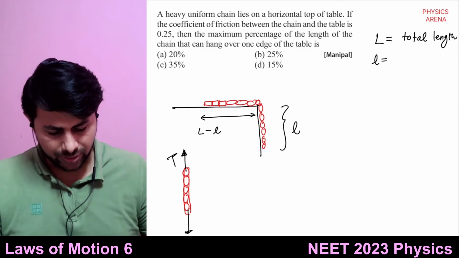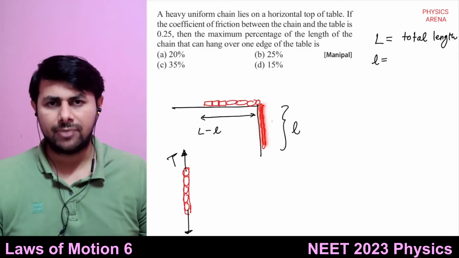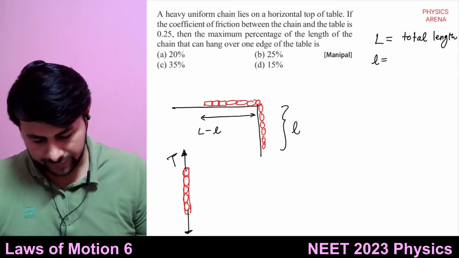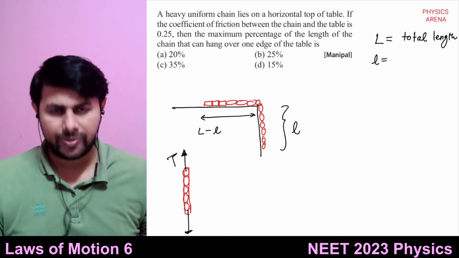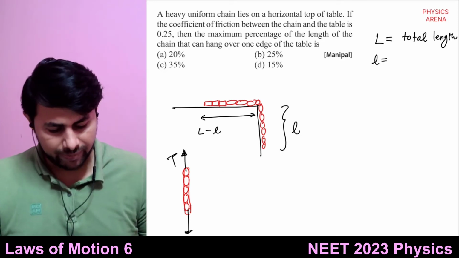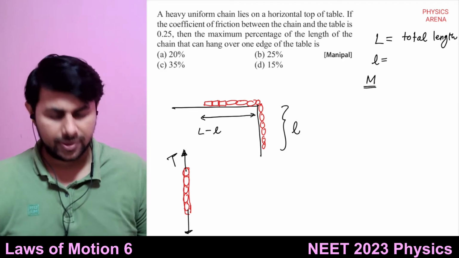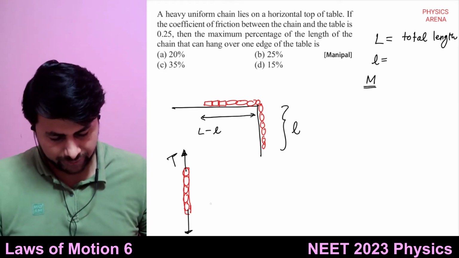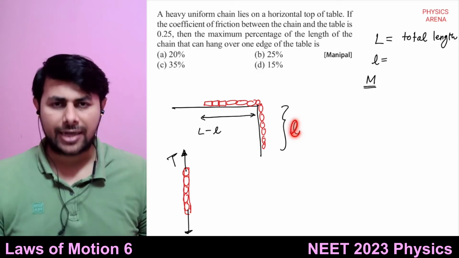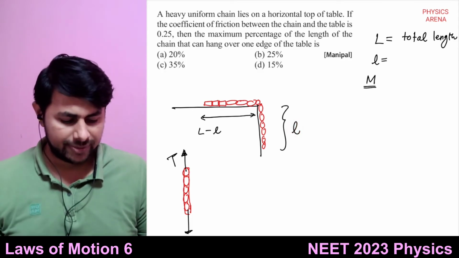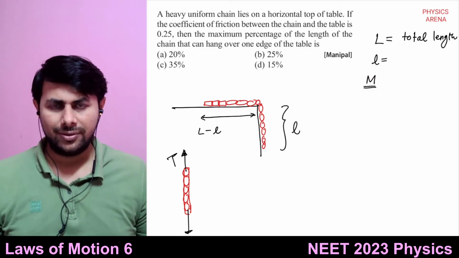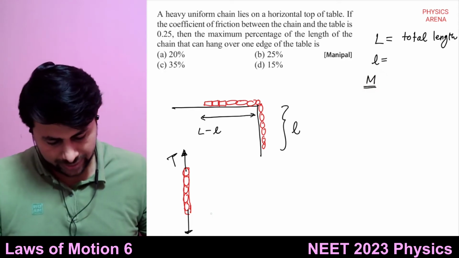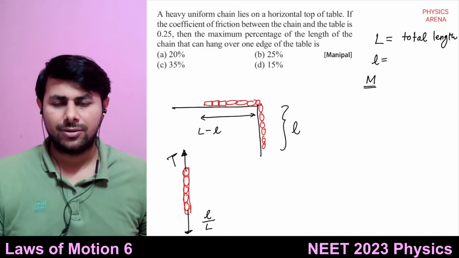It will be equal to the mass of this part multiplied by g. And how much would be the mass of this part? If the total mass is capital M, then the mass of this part is equal to the fraction of length multiplied by this mass. So what is the fraction of length? I can say it is l upon capital L.